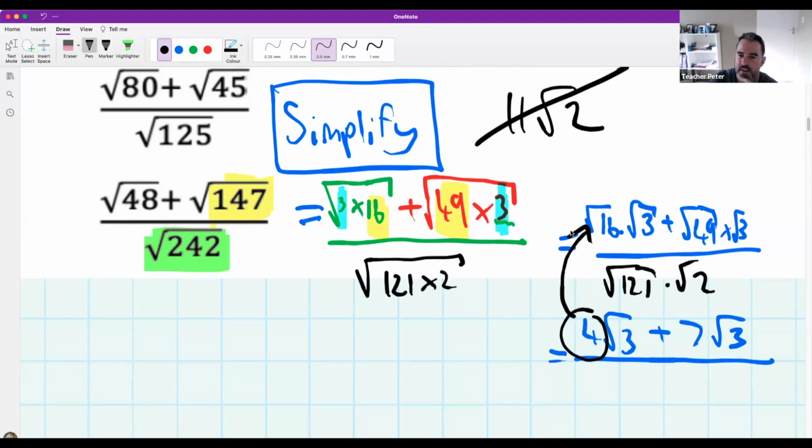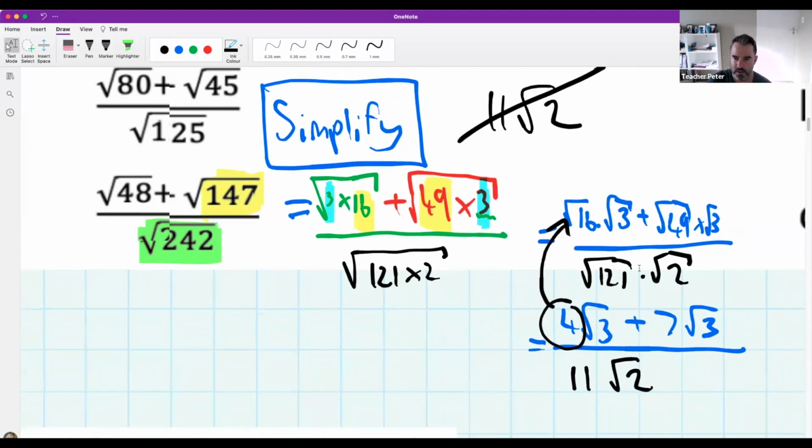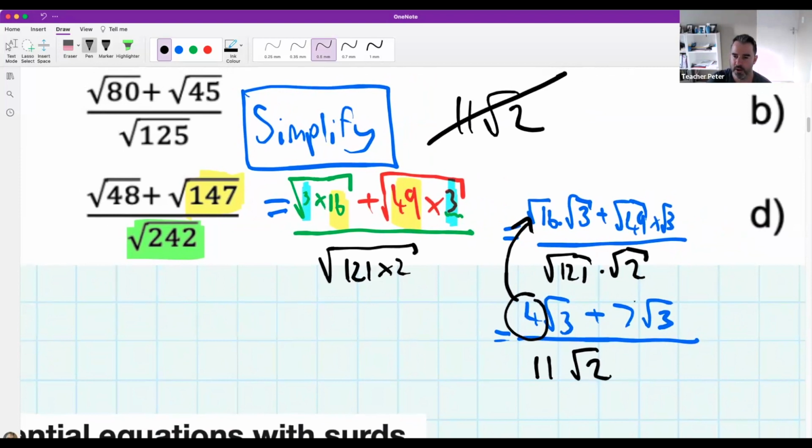All right. Give me a thumbs up if you followed me so far. And now I get 11 square root 2. Now we're not done, but I want you guys to try and keep going. What is my final answer going to be?